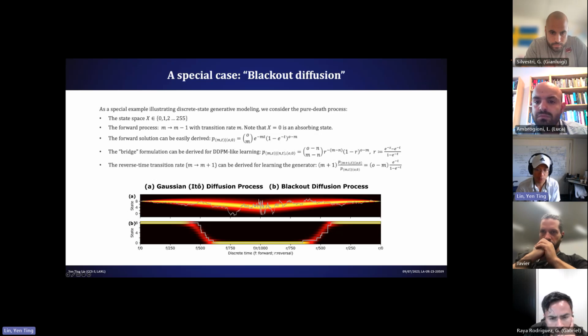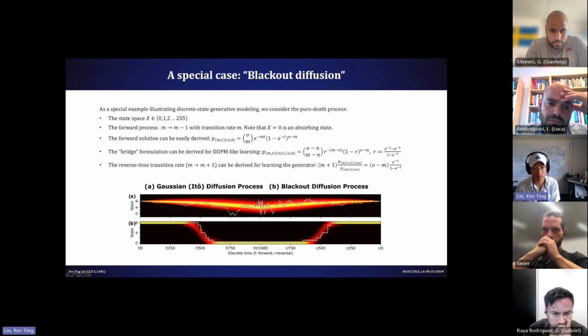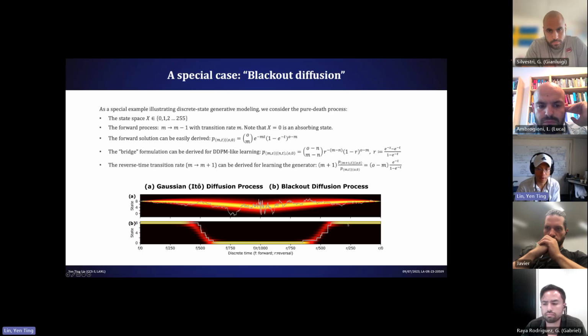The terminal time here is set so that this distribution is approximately the limiting distribution of this process. For Blackout, everything goes down. If you start from 8, it goes to 7 at some random time, and goes to 6 at some random time, and then all the way down to 0, and it stops there. For the reverse, you start from 0, and then it goes up. So that's the intuition there.